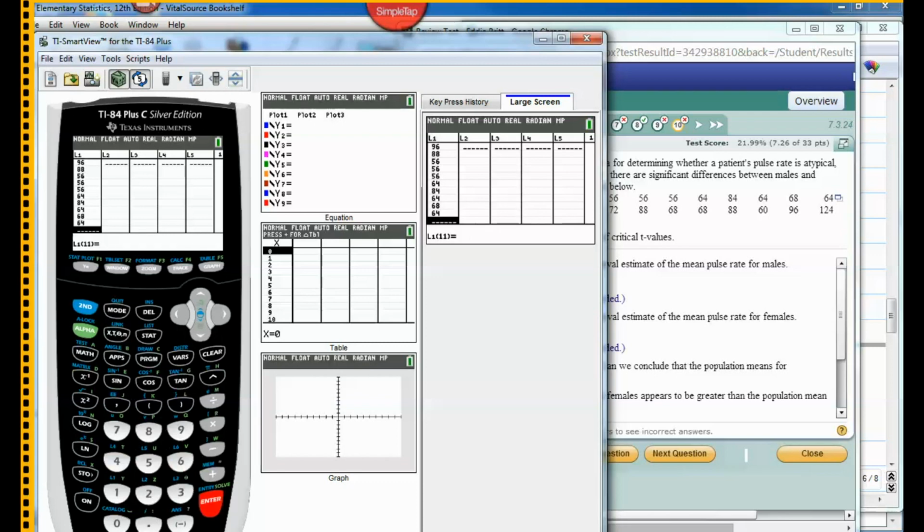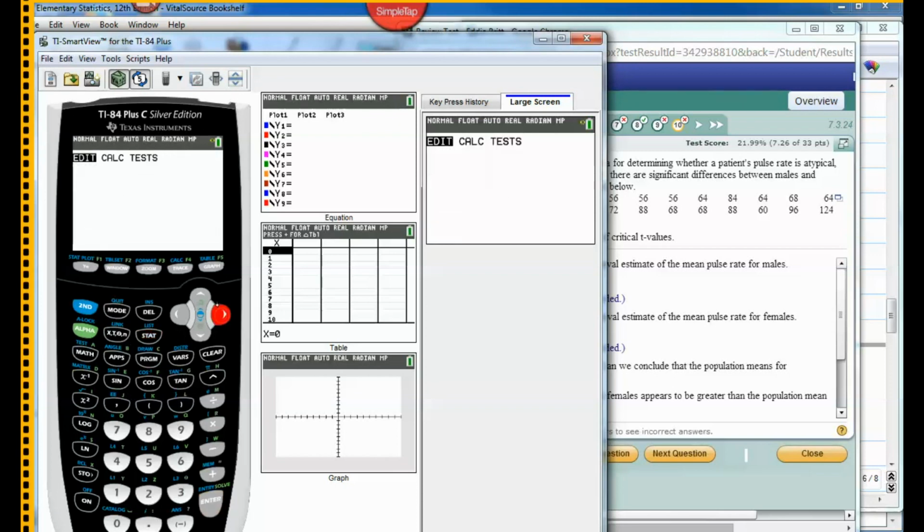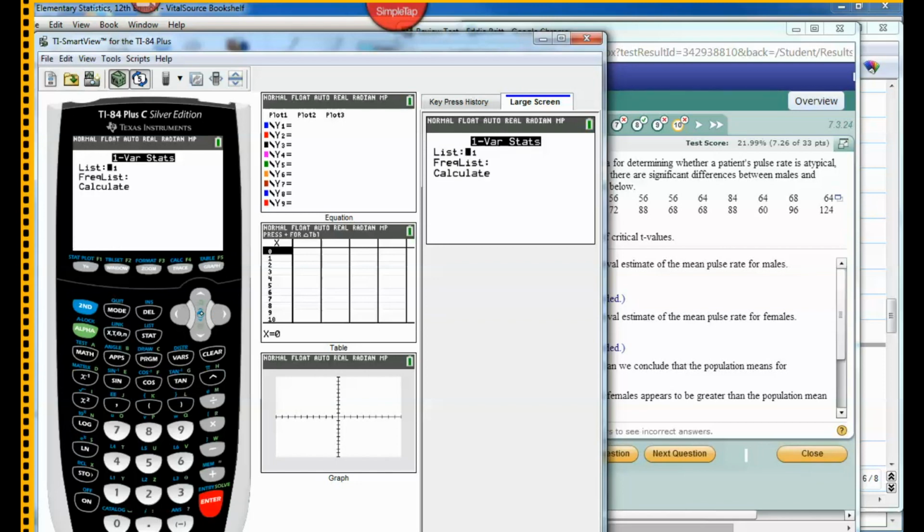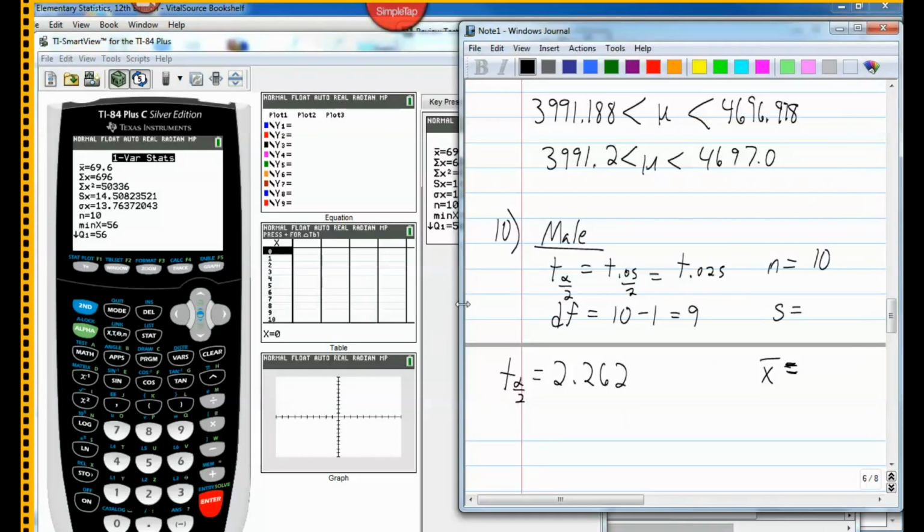Alright, so there's my data set. I'll go to Stat, Calc, one variable statistics, and that is for list 1. Alright, so this is the data for males.